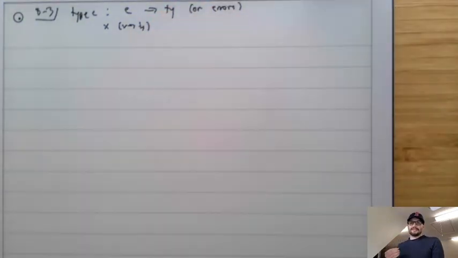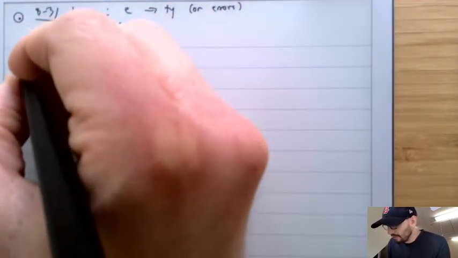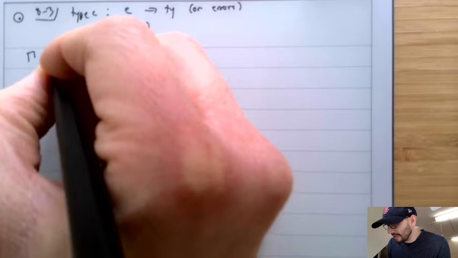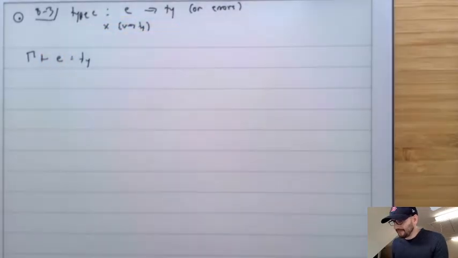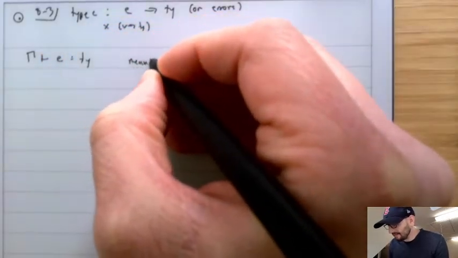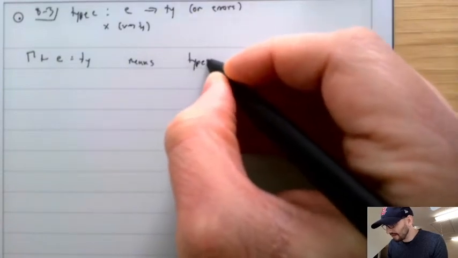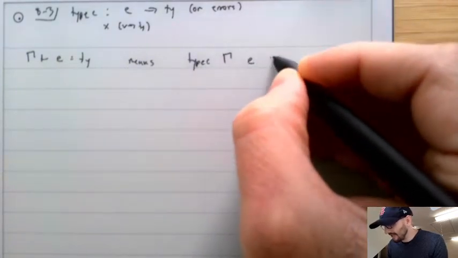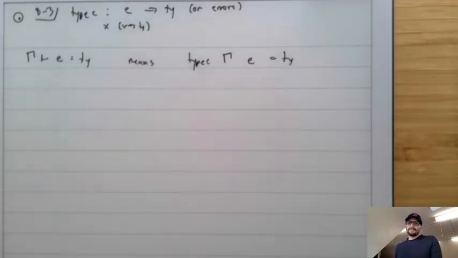We call this the type environment. By tradition, we write the definition of type C in the following form. We write gamma proves that E has type T. And this means that type C of gamma and E should equal the type.